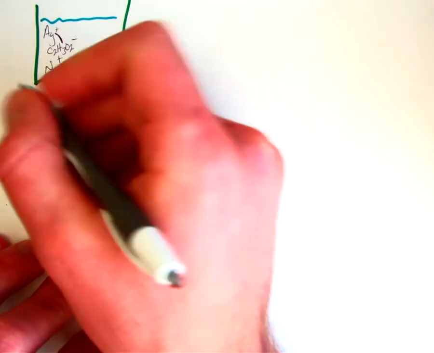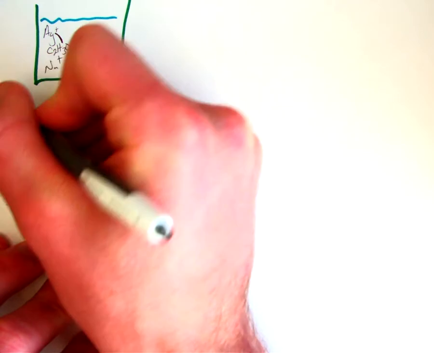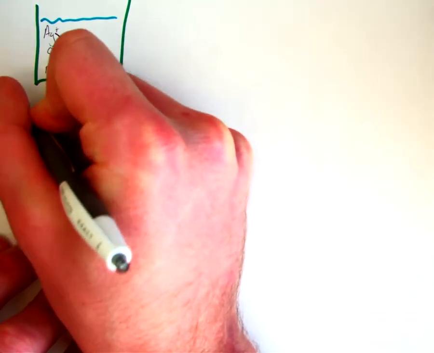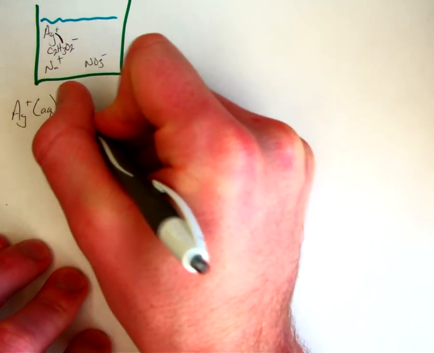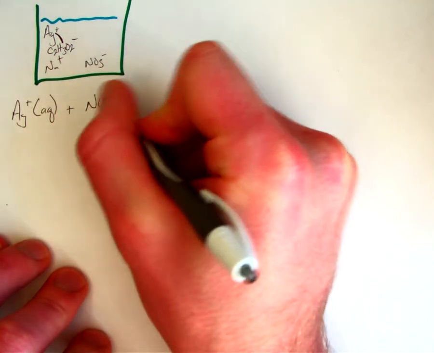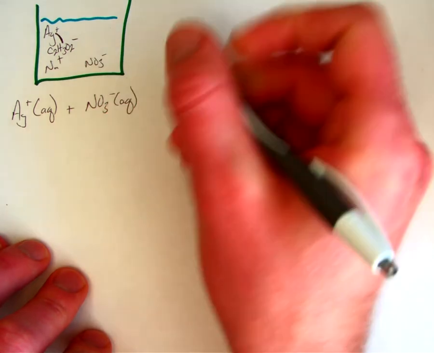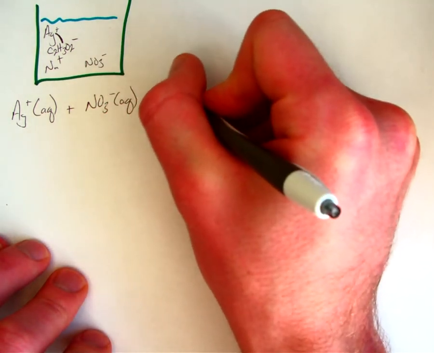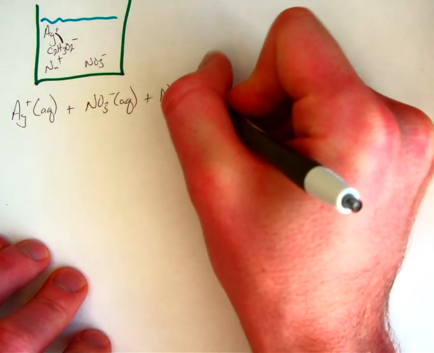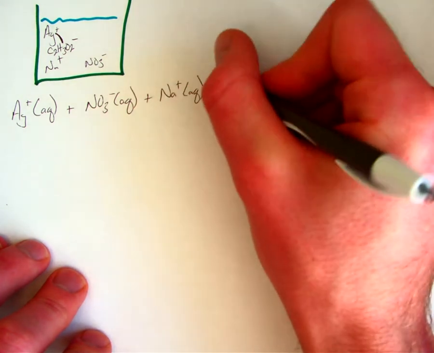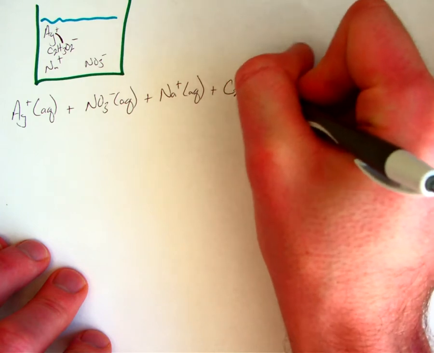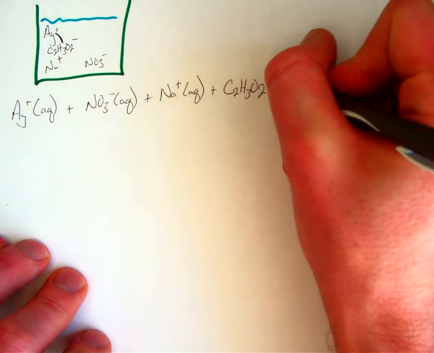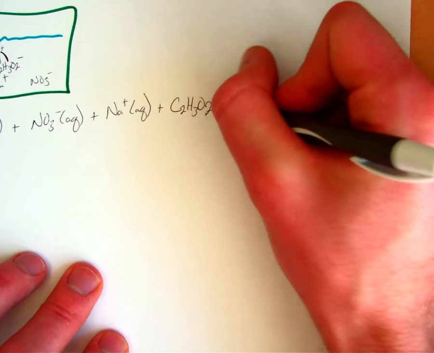Okay, so when we're writing our net ionic equation, first we're going to write out the full ionic equation, which is silver aqueous, because it's mixed with water, plus nitrate, aqueous, because it's mixed with water, plus sodium, aqueous, plus acetate, C2H3O2, aqueous, because it's mixed with water.